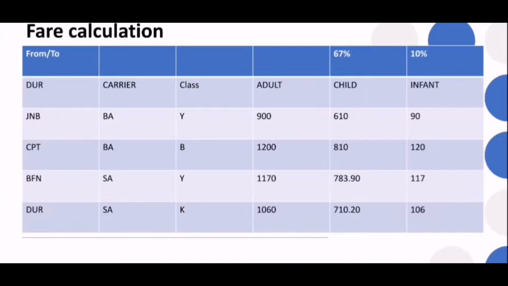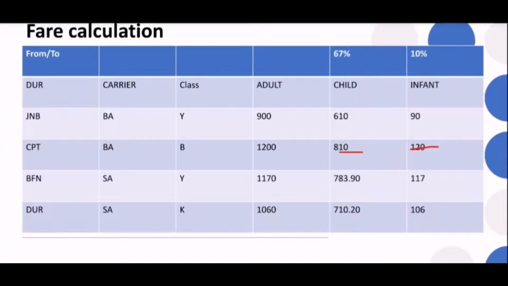The fare is already given to you. You see 1,200 rand for a flight departing Johannesburg, Cape Town, and then you have 810 and 120 for the next flight.